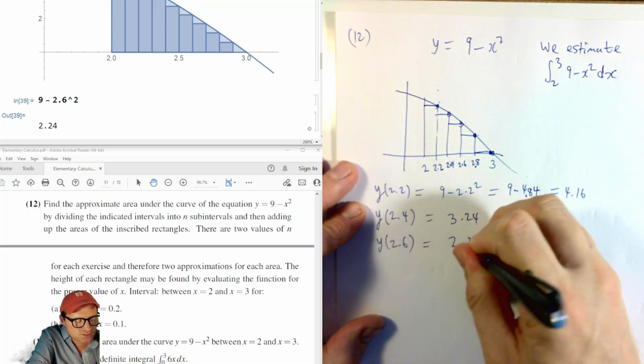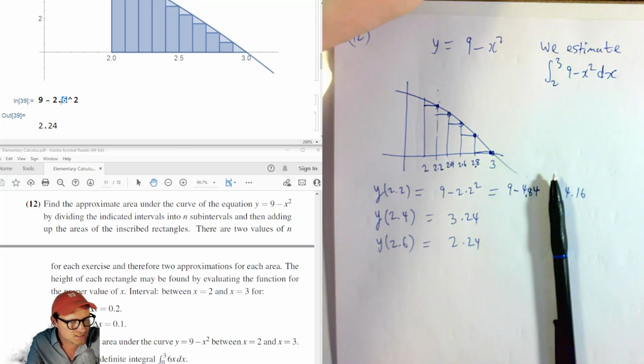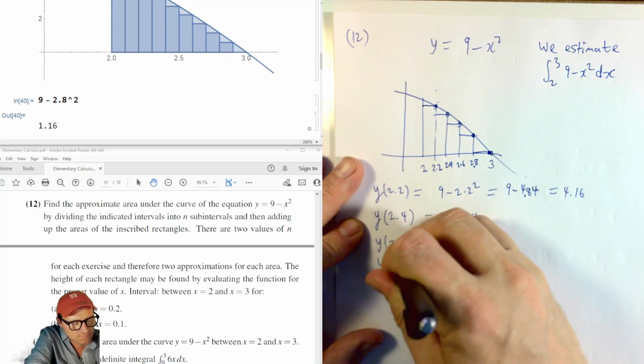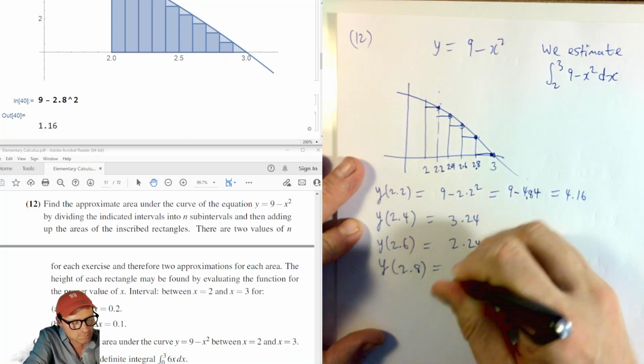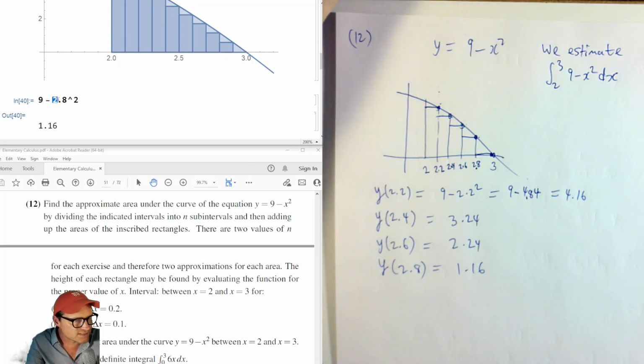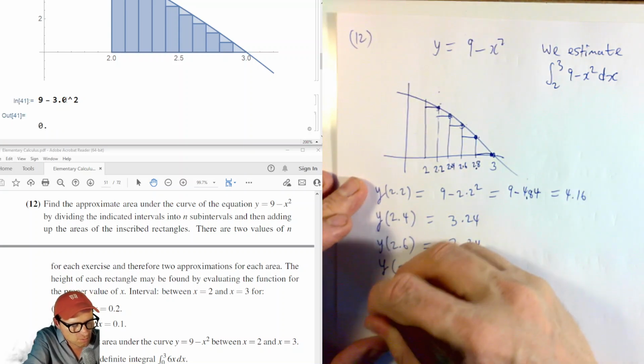So we get 2.24 now at 2.6. Now 2.8, what does this give us? 1.16. Okay, next at 3.0, we have 0.